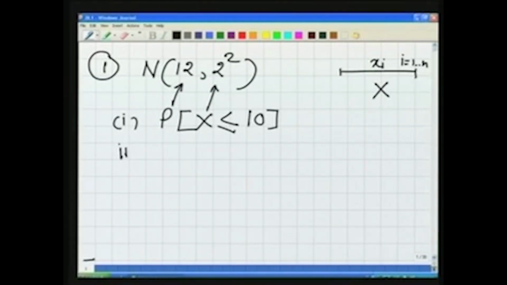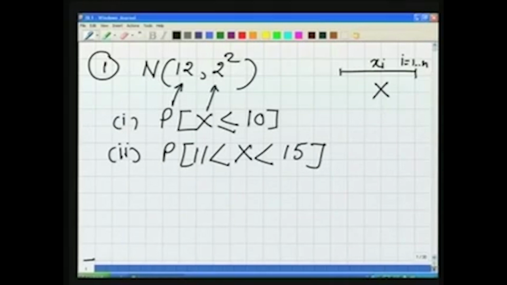Also, number 2, we have to find the probability of x being more than 11 and less than 15. Also, the third one, because the treatment in this third case will be slightly different. So this is why I am giving this third case also. We have to find the probability that our x is more than 16.